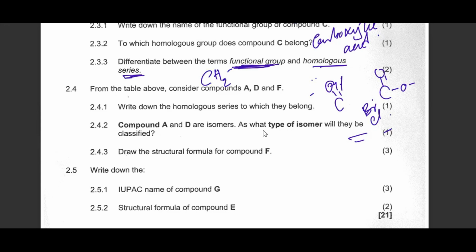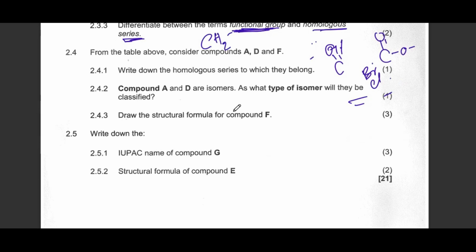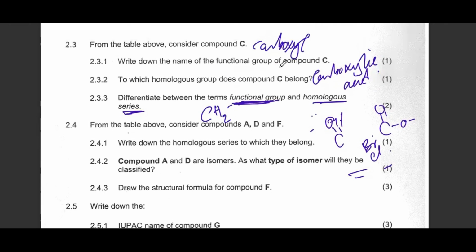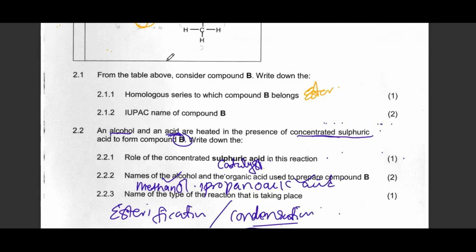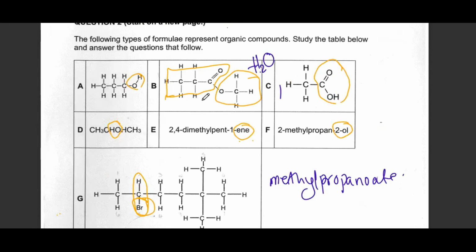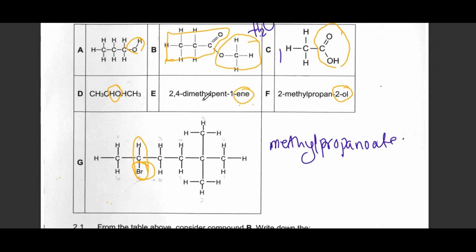Yes. And then they are saying, write down the homologous series to which A, D, F belong. Homologous series for A, D, F. A is alcohol. D is alcohol.